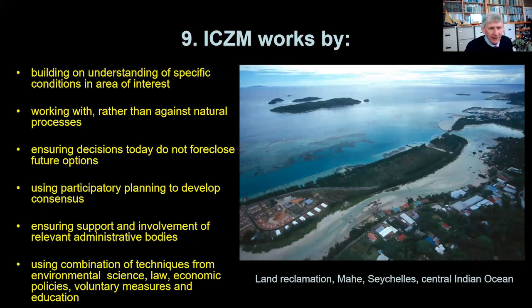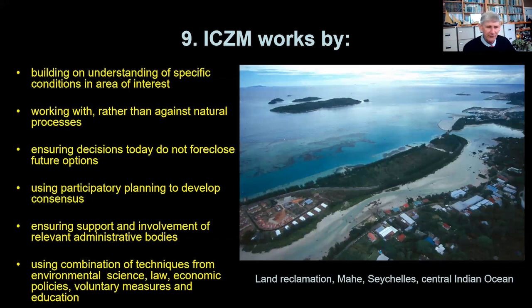Participatory planning is essential to develop consensus. That's an important concept of ICZM. And so we've got to ensure that all the relevant bodies are actually represented. And as you can see from just that example I've given, we've got all sorts of different infrastructure around those islands, including a marine protected area. We'll have everything from tourism to, for instance, marine biologists and conservationists wanting to protect those reefs.